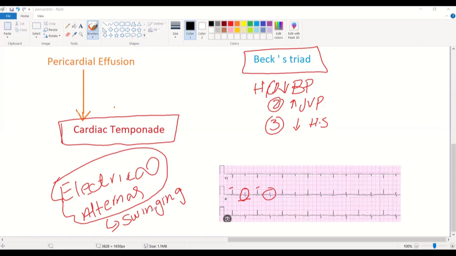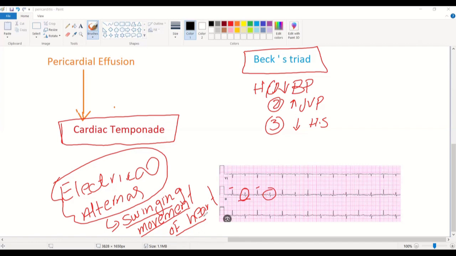Because the heart is floating in the fluid, the pericardial fluid. There is a massive amount of fluid in the pericardial space, right? So this is the cause: swinging movement of the heart in pericardial effusion.